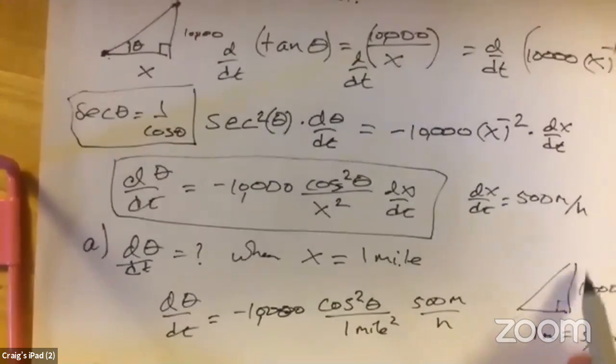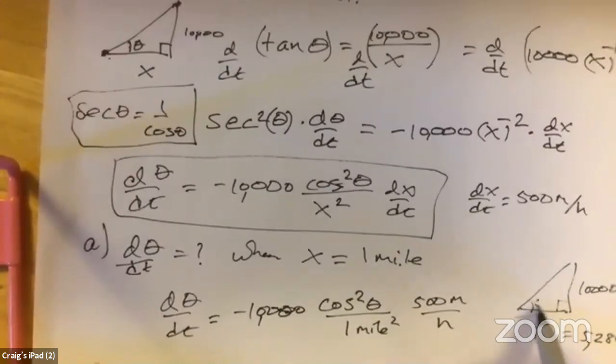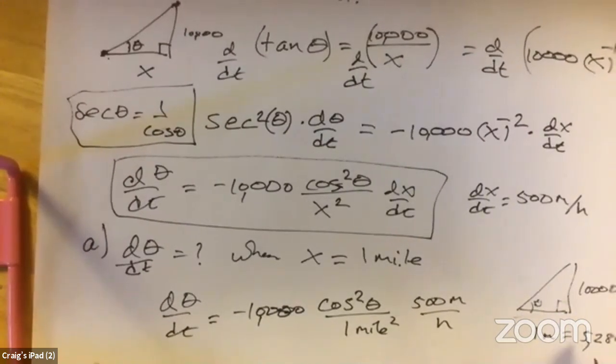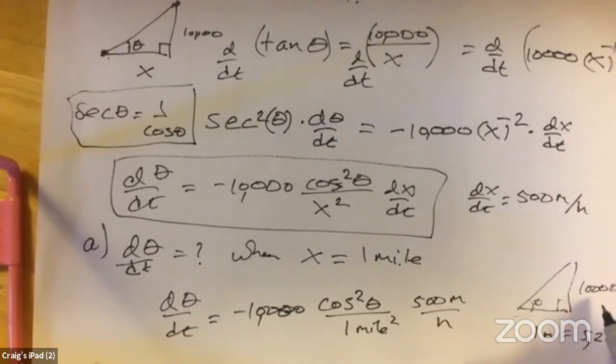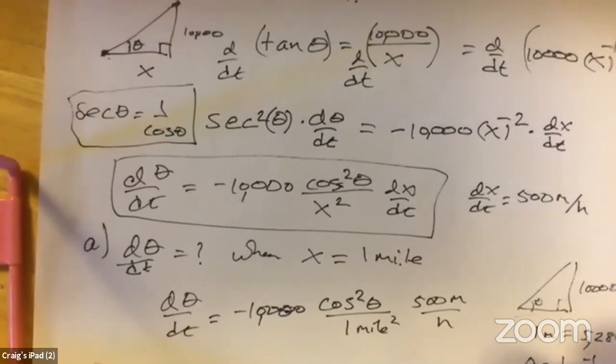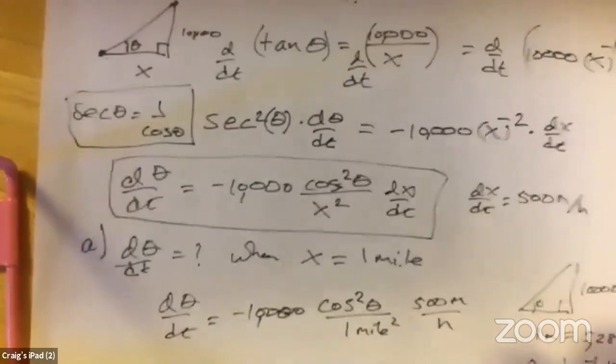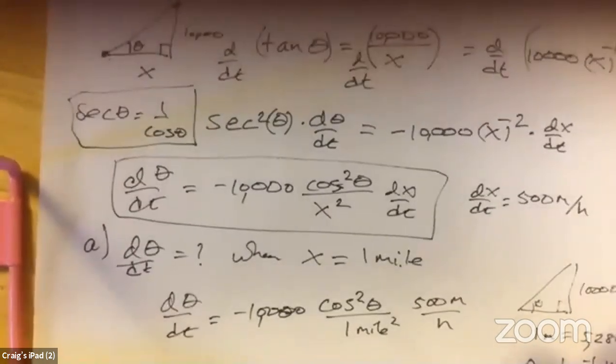So no, this triangle is not accurate, but it gets the idea across that I just have theta related to these 2 different pieces, and I can figure out what the angle theta is if I know what the sides of the triangle are. I know that theta is the inverse tangent of 10,000 divided by 5,280.